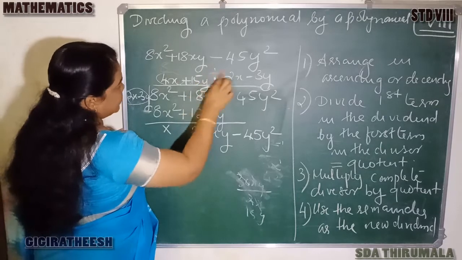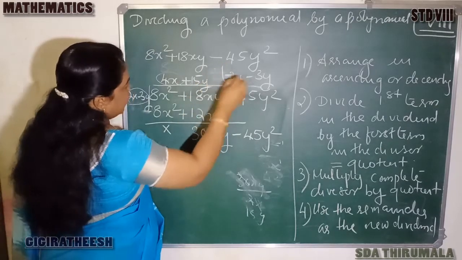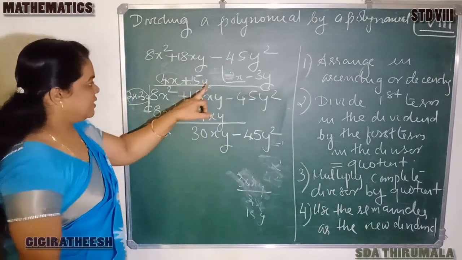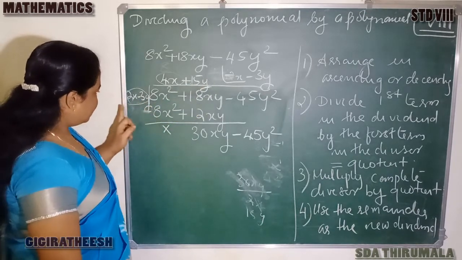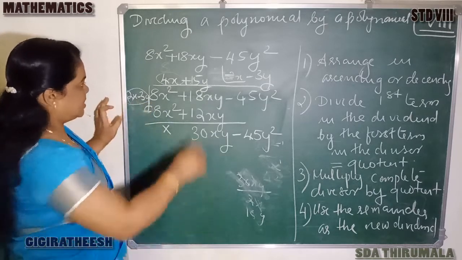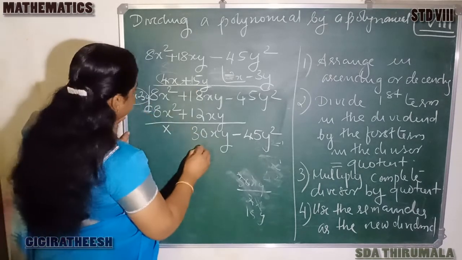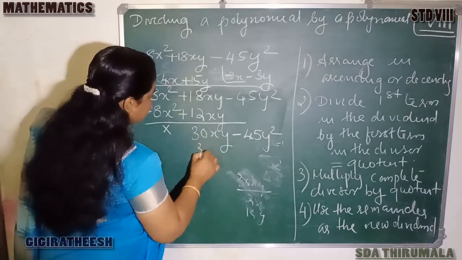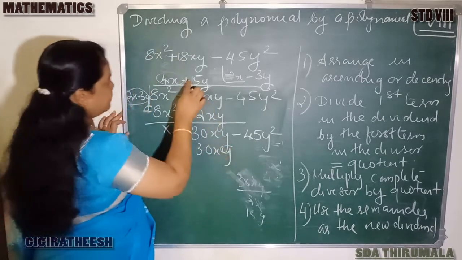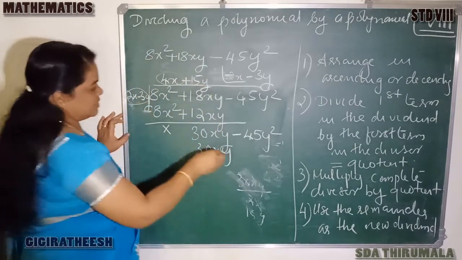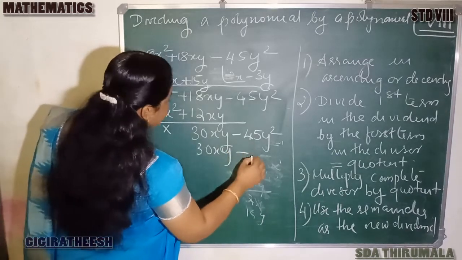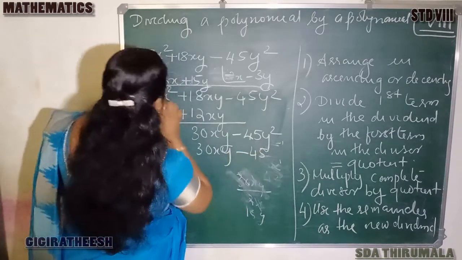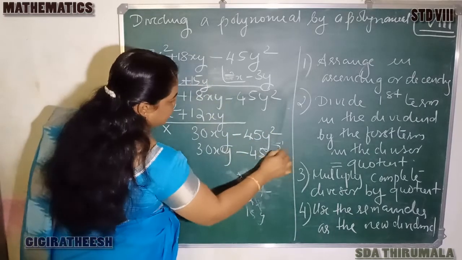And after that, multiplying this 15y with the whole term 2x minus 3y: 15 into 2x is equal to 30xy. And then 15y into minus 3y is equal to 15 into minus 3, that is minus 45, and y into y is y square.